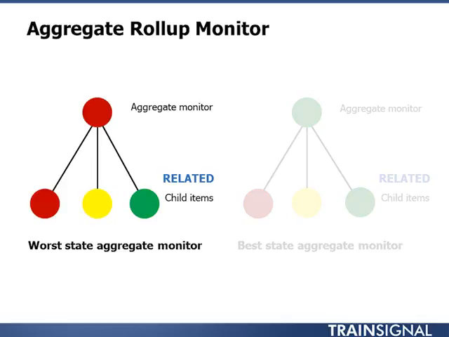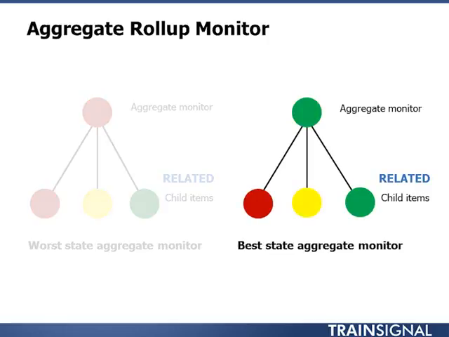So, if you're monitoring 150 items with an aggregate monitor, and one of those 150 items goes into a failure state, the entire parent monitor is shown as being in a failed state. And that's what you're seeing over on the left-hand side of your page here. One of the child items is red, therefore the aggregate monitor is also red.